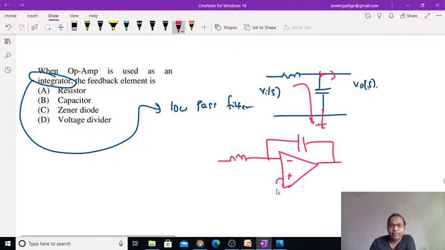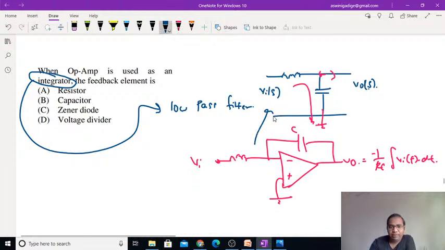We will take it like this. So it is the input and it is the output, and V0 can be taken as minus 1 divided by RC into the integral of Vi(t) dt. That means in the case of the integrator, the feedback element is the capacitor.